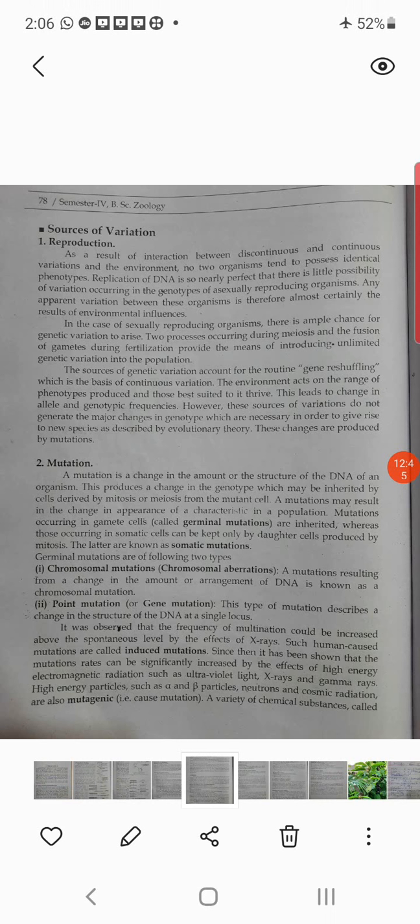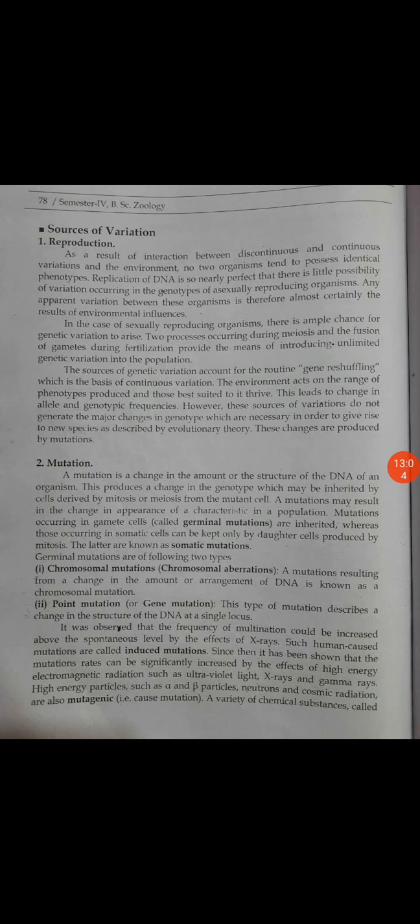Okay. Second one, mutation. Mutation means changes in the nucleotide sequence of the gene. Suppose that is chromosomal mutation, point mutation, which we had seen earlier. Because of mutation, certain changes occur, and that mutation is now continuously going on. That is the variation.